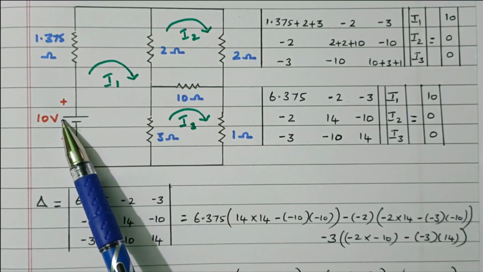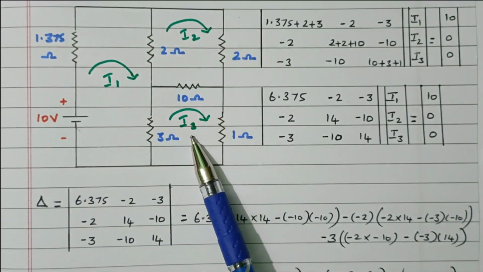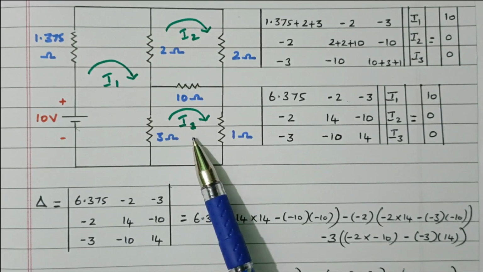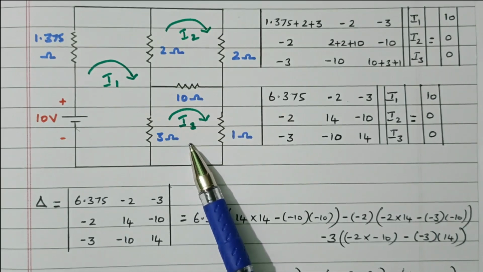We need to verify I3 equal to 2 ampere. What we got in the previous step, I3, is 2 ampere. So here also I3 should be 2 ampere. Then the reciprocity theorem is verified.